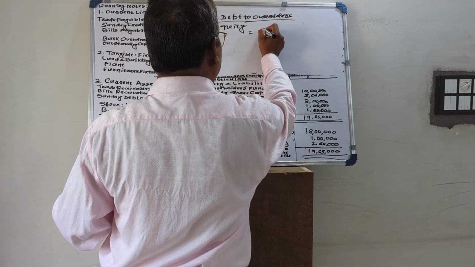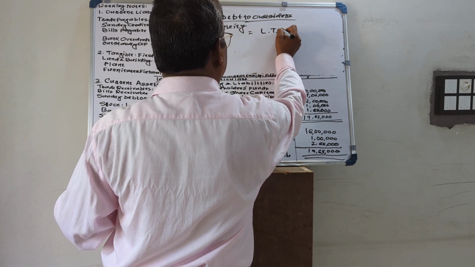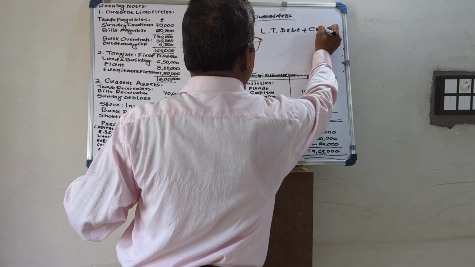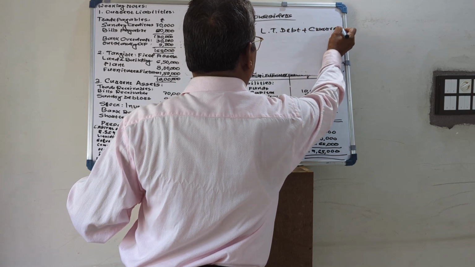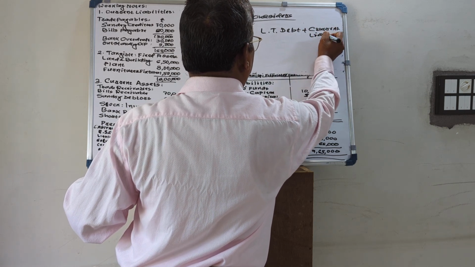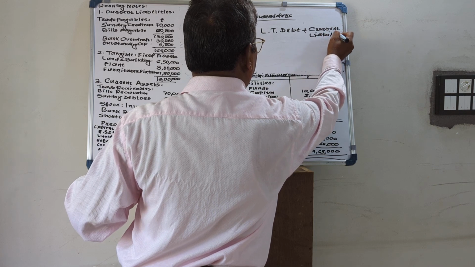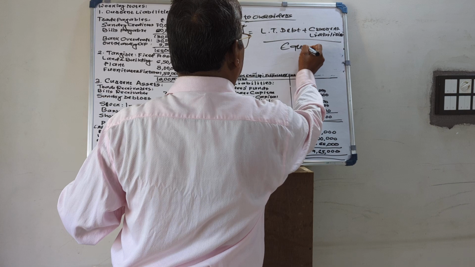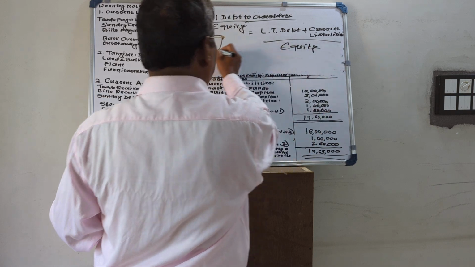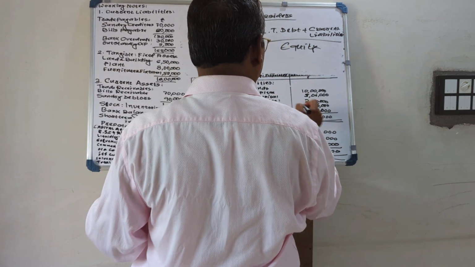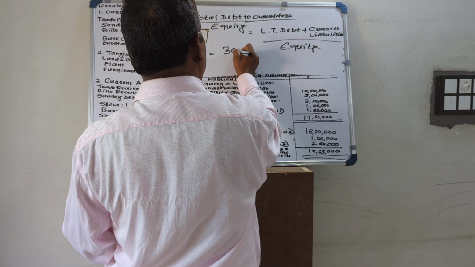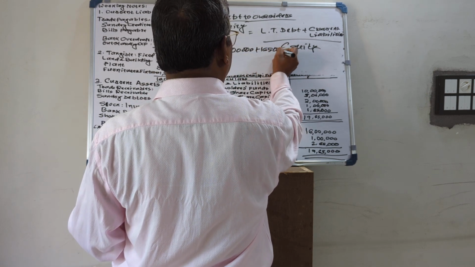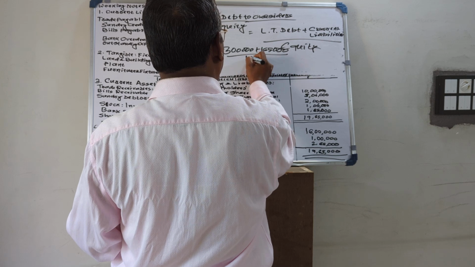So this includes long-term debt plus current obligations, current liabilities, divided by equity. Here long-term debt is given 3 lakhs, then current liability is 1,65,000, divided by 15 lakh.